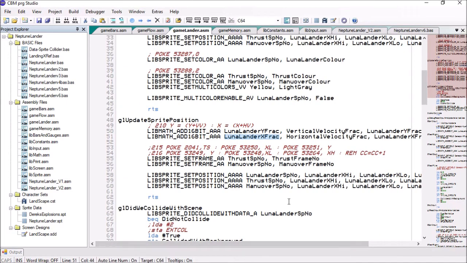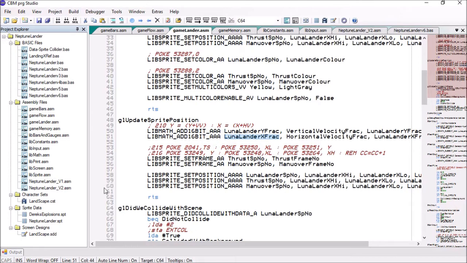So what we need to do is add and subtract not 16 bits but 24 bits, because then that will be the high byte of X, the low byte of X and the fraction for X. So we need to write another routine.